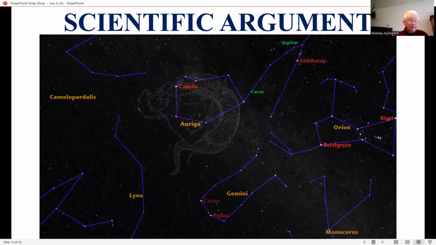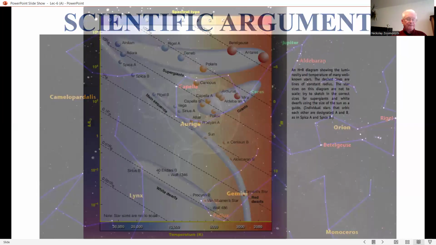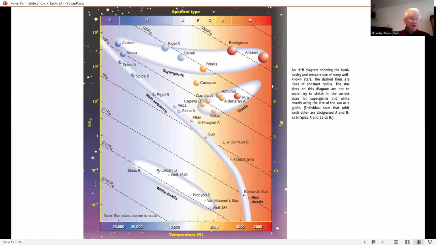Okay? Because the surface area of a sphere is proportional to the square of the radius, Capella must be 10 times larger in radius. That is clear observational evidence that Capella is a giant star.